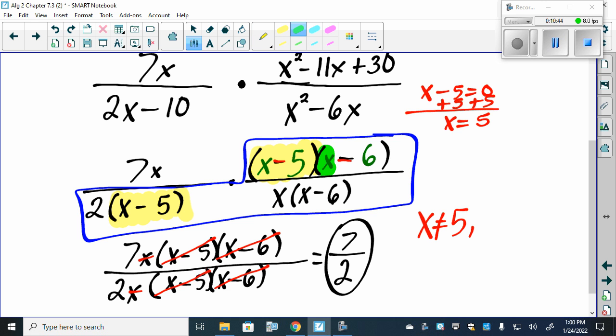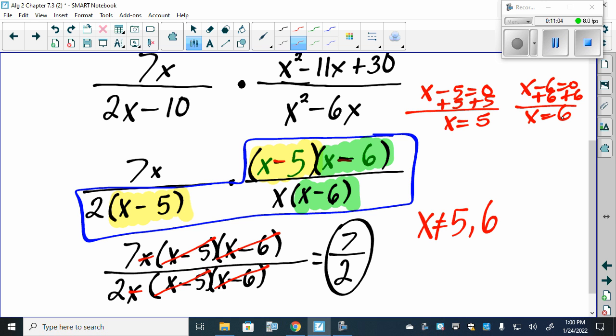So we also have x minus 6 and x minus 6. For this one it would be 6. We can do the exact same thing: x minus 6 equals 0. Add 6 to both sides, telling us x is equal to 6.